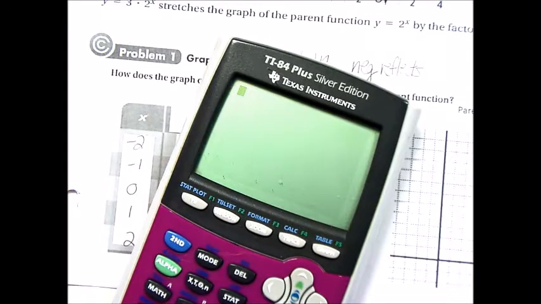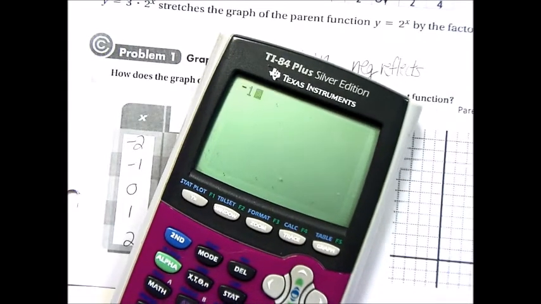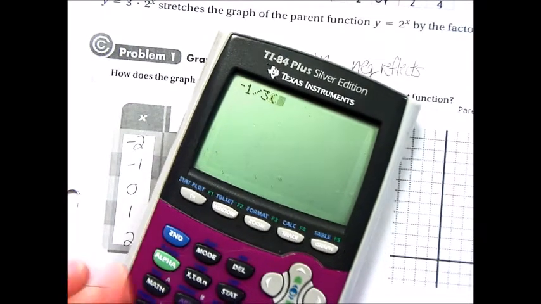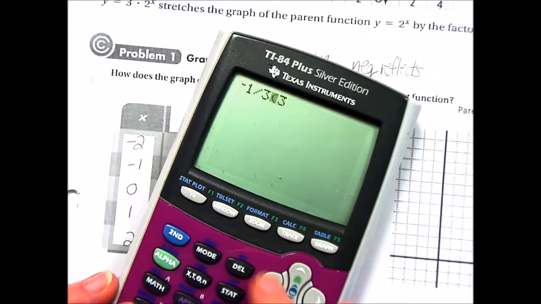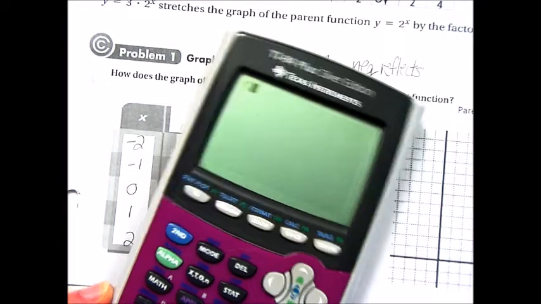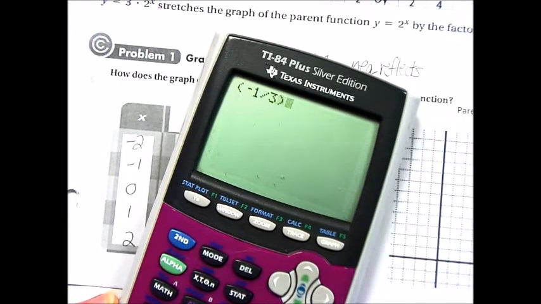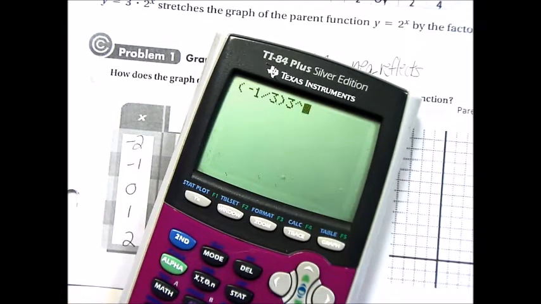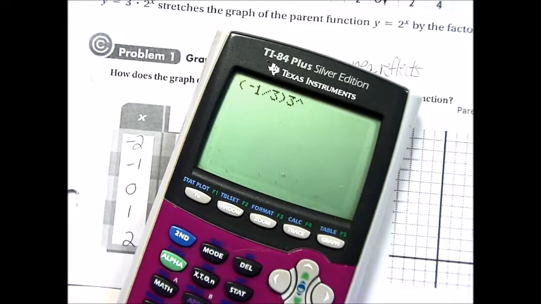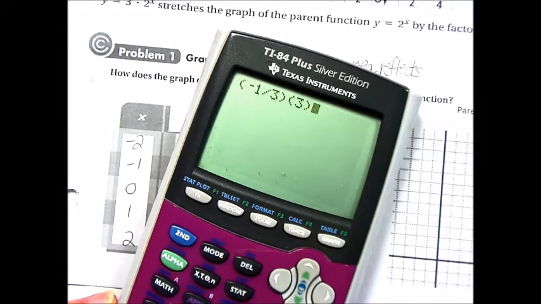So for -2, we do negative 1/3 times 3 to the -2 power. I'll put everything in parentheses just to keep it safe.